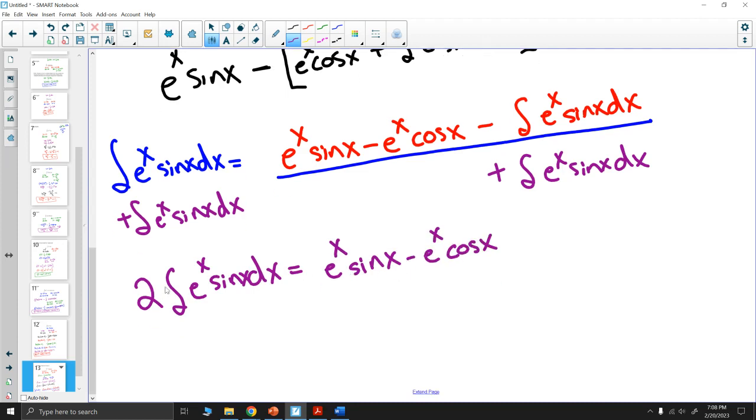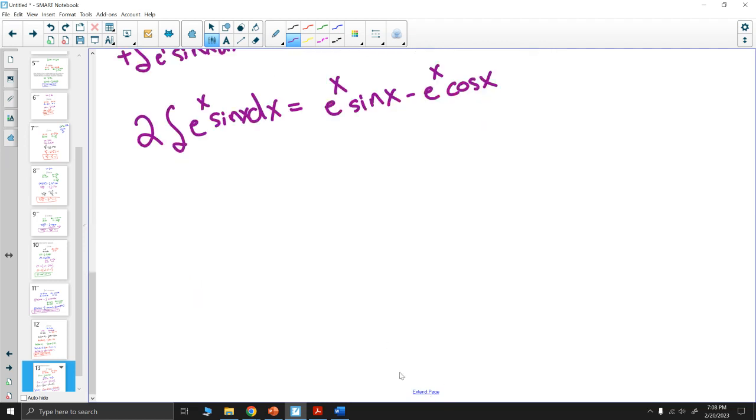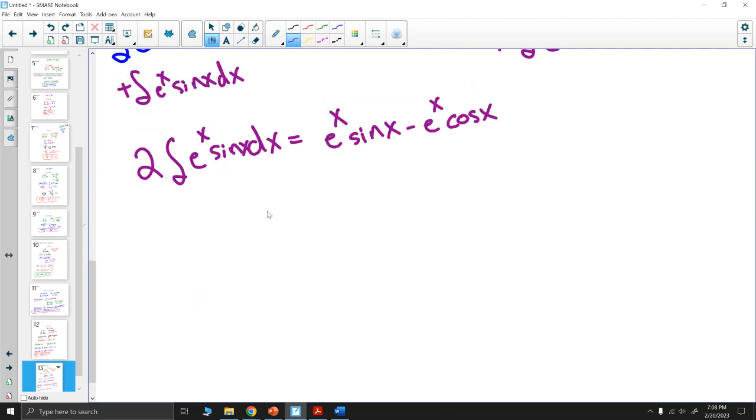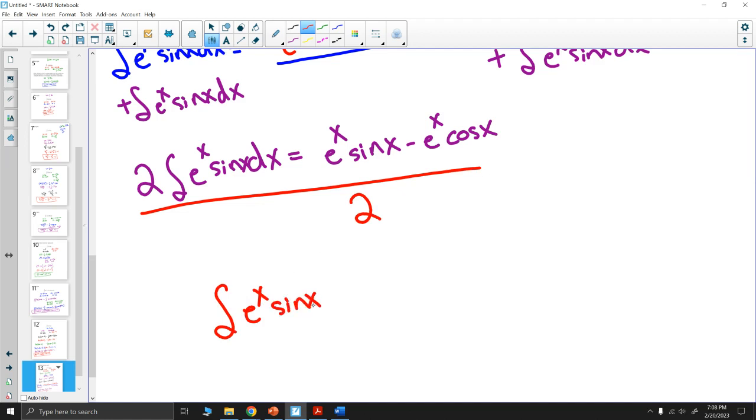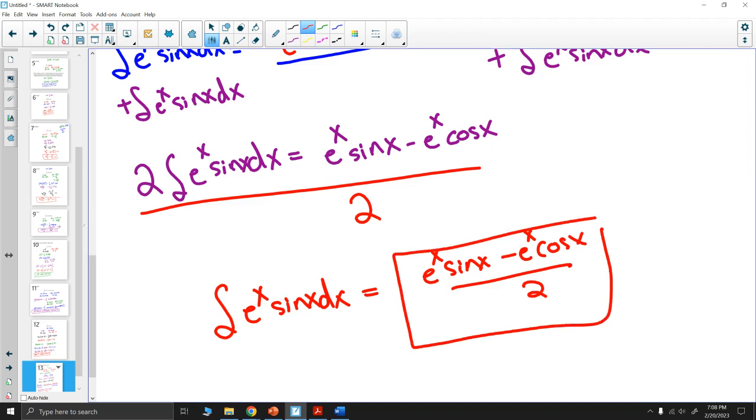But we didn't really care about finding 2 times it. We wanted to find just the integral of e to the x sine x dx. So divide everything by 2. When we get the integral of e to the x sine x dx, what we're looking for is just e to the x sine x minus e to the x cosine x, all over 2. And obviously we still need our plus c.